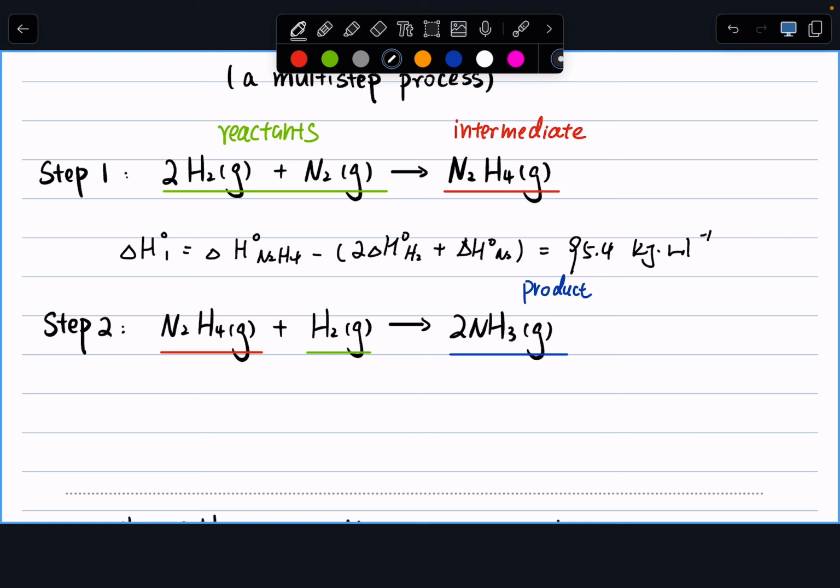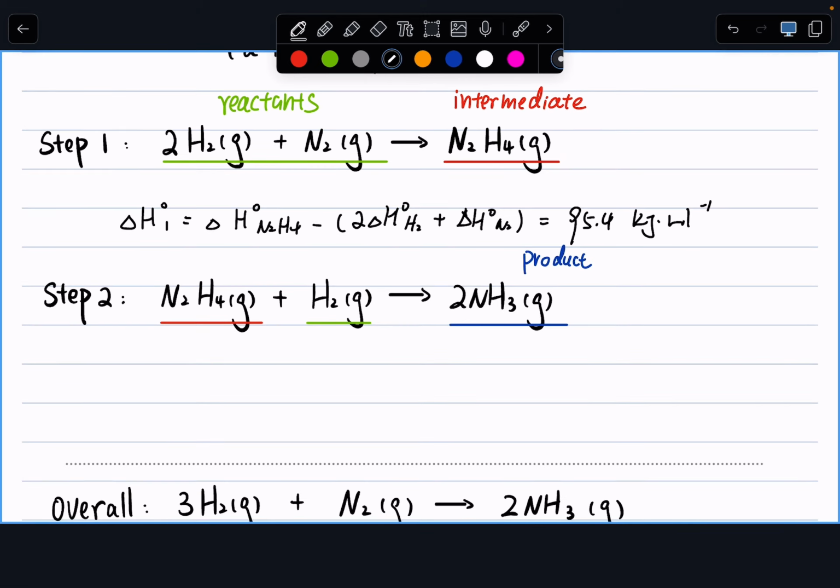You can check that by looking at the thermodynamic table. The second step, delta H naught 2, again equals product minus reactant: 2 delta H naught of NH3 minus delta H naught of N2H4 plus delta H naught of H2. And this one is an exothermic reaction.